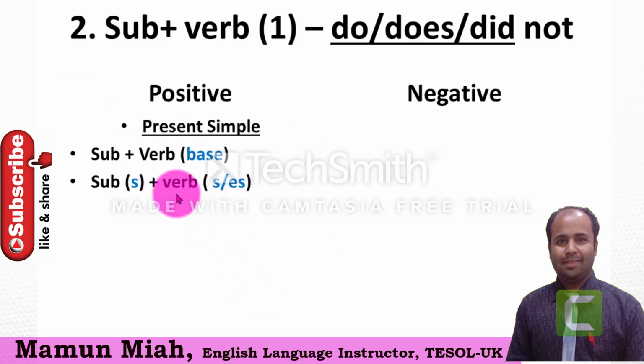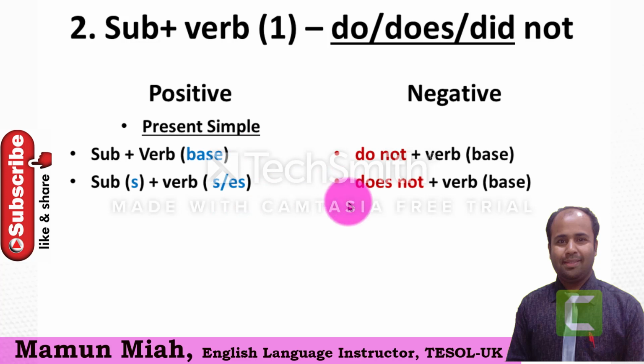Subject plus verb, here the subject is plural. But in the later one, the subject is singular, and the verb is singular also. To make these two forms negative, for the first one, verb base form, you have to use "do not", because there's only one single verb. "Do not", then verb base form.